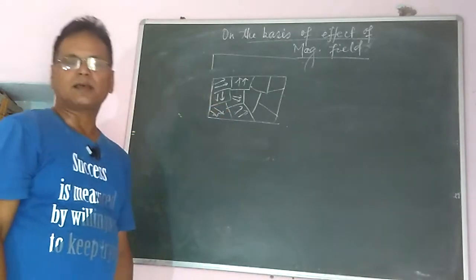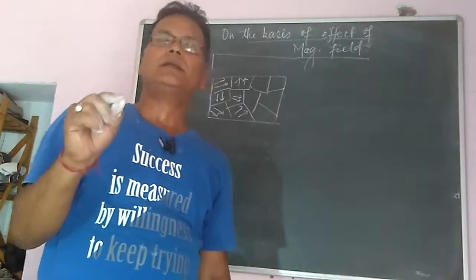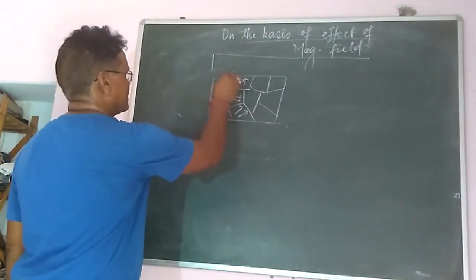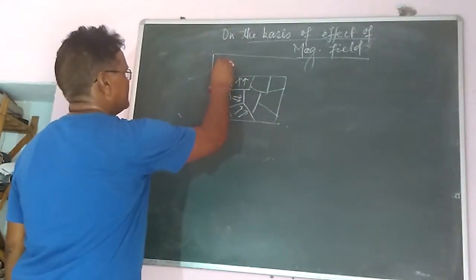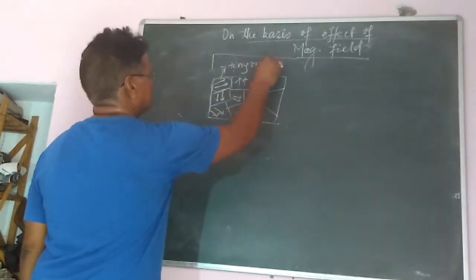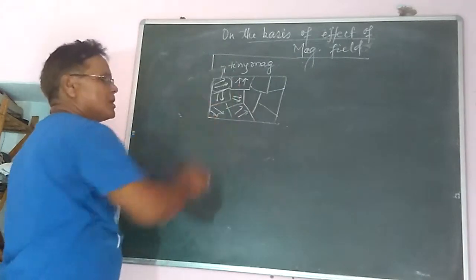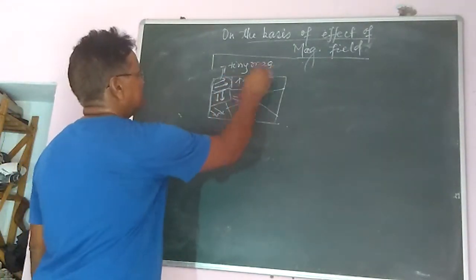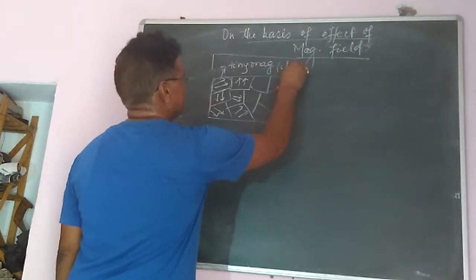And these are actually assigned in a small region, so these parts behave as a tiny magnet. All these parts behave as a tiny magnet. So this part is called a domain.